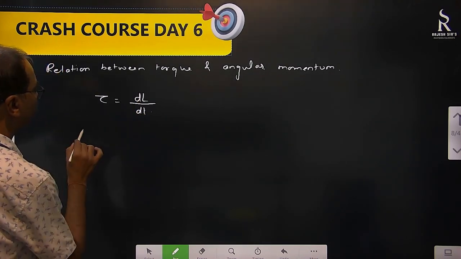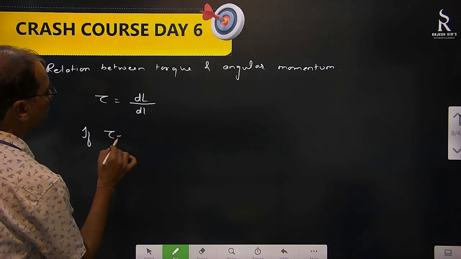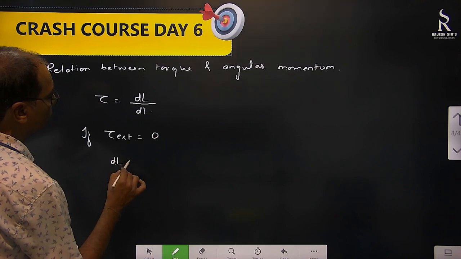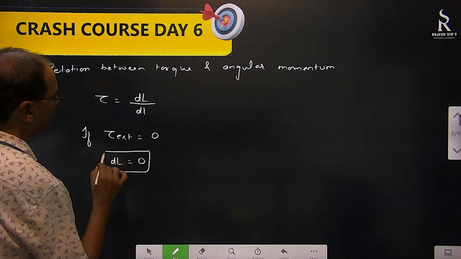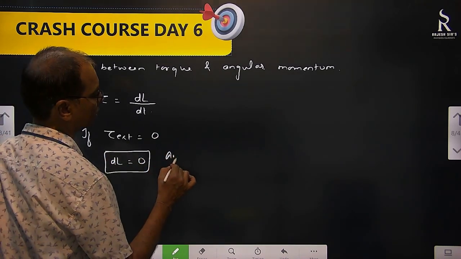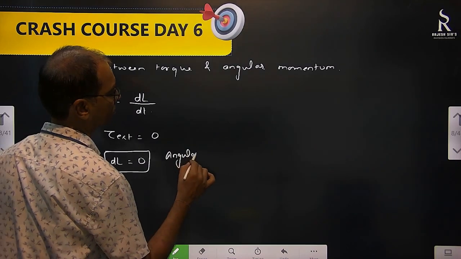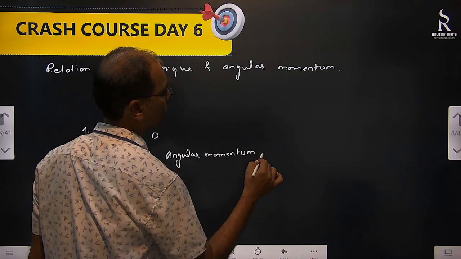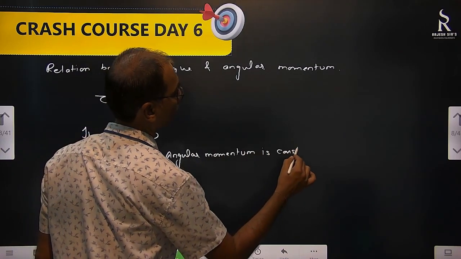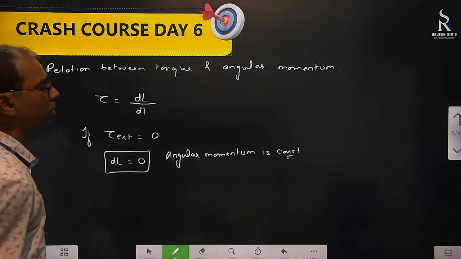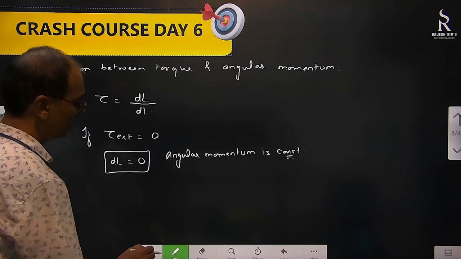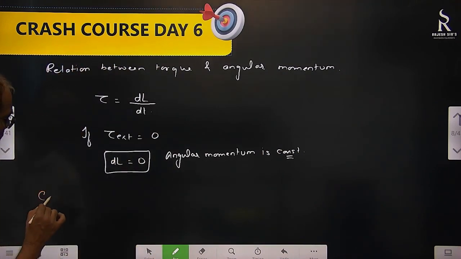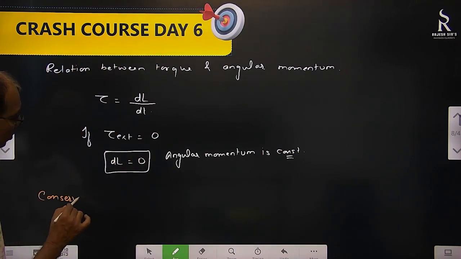And I told you if external torque is 0, then dL is 0, and dL is 0 means angular momentum is constant. So now we are going to talk about conservation of angular momentum. If external torque is not acting, angular momentum is conserved.